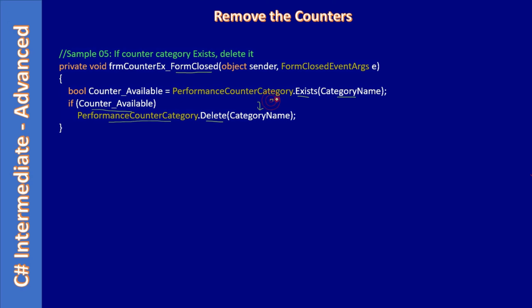Category name is just a string, button usage, and this will take care of deleting the counters. Now we will go ahead and implement it, and we will rerun the application.